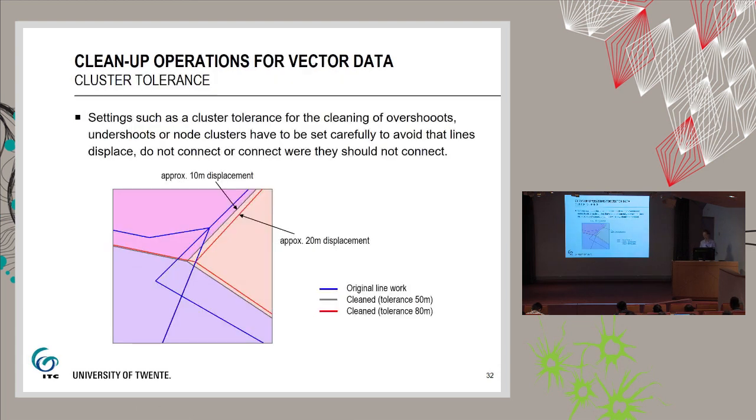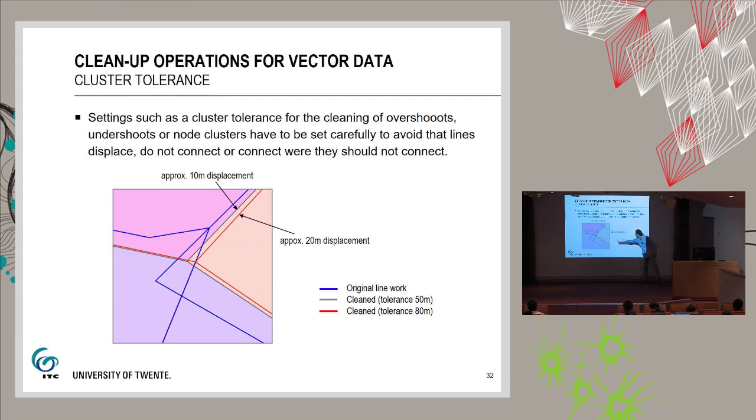Here you see a nice example where I applied a cluster tolerance to clean this polygon, because this is a sliver polygon, a very small one, which should not be there. And I cleaned it with different tolerances.